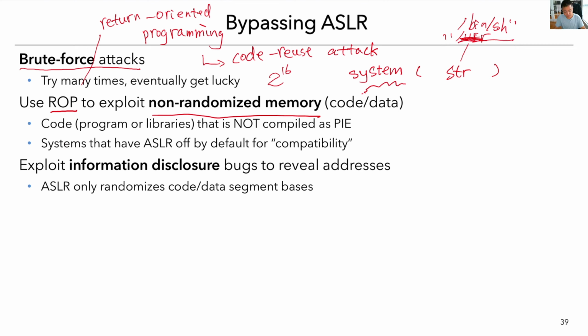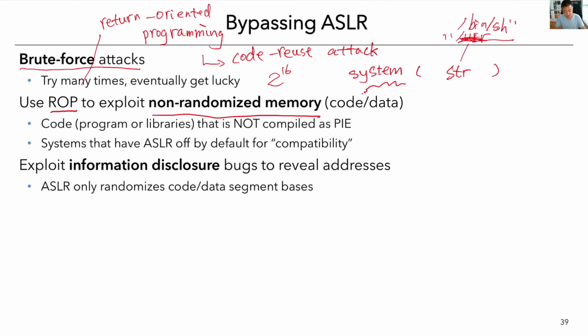For example, if the code or the library is not compiled as PIE, we have mentioned this, right? If you need to randomize code, a program must be compiled as a position-independent executable. If you have a library which is not compiled as PIE, then it must be loaded at a fixed location. So this will defeat address space layout randomization.